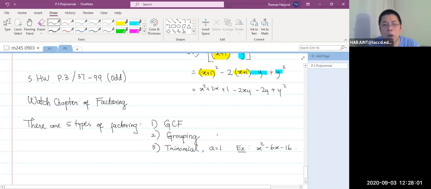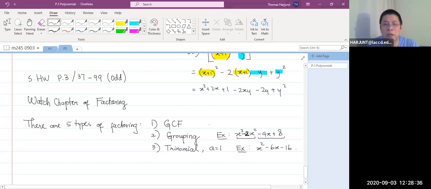The grouping one, for example, if you have x cubed minus x squared minus 2x squared minus 4x plus 8, in which you put the first two terms and the last two terms together, like that.